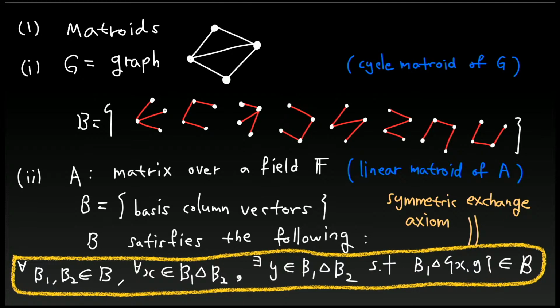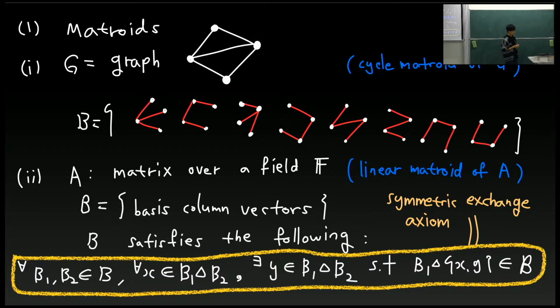Then we know that they form a matroid, and this matroid is called the cycle matroid of G. Also, a matroid M is called graphic if it is isomorphic to the cycle matroid of some graph G.